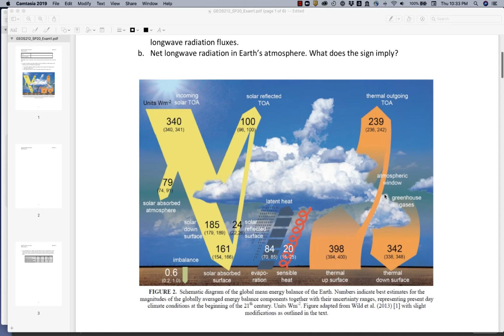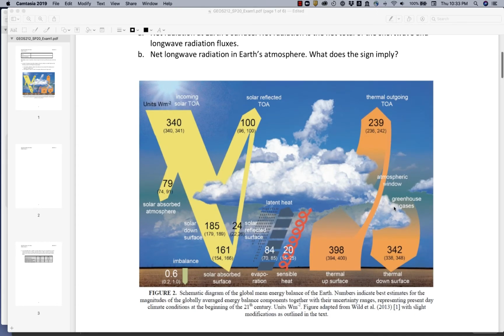Okay, and I don't see any other orange arrows pointed towards the atmosphere. All of the other orange arrows are pointed away from the atmosphere, meaning that they are outgoing fluxes. So one is pointed from the atmosphere towards the top of the atmosphere, the TOA, and the other arrow is pointed from the atmosphere to the land surface.